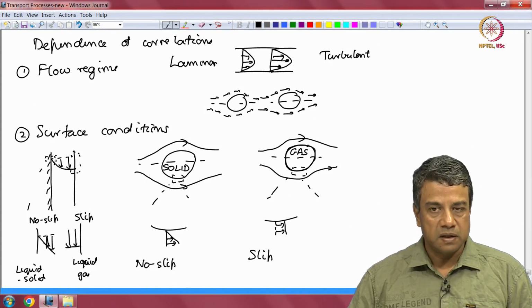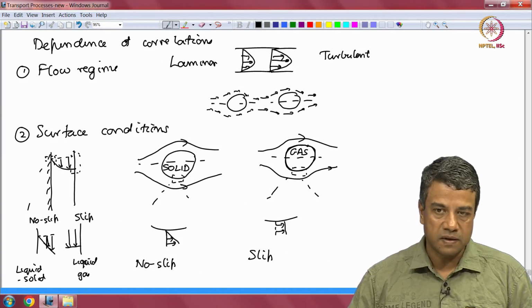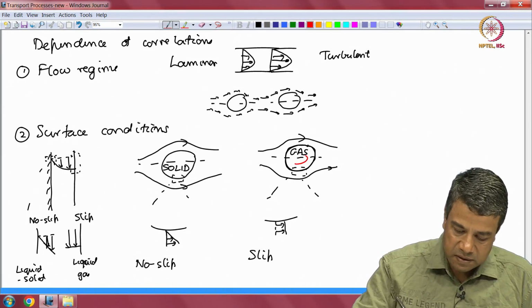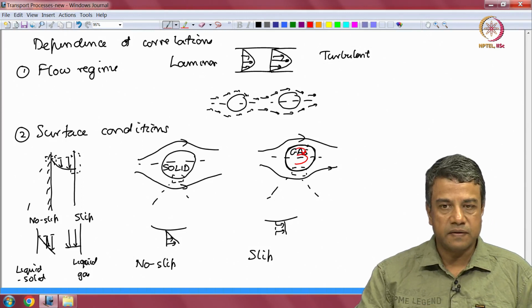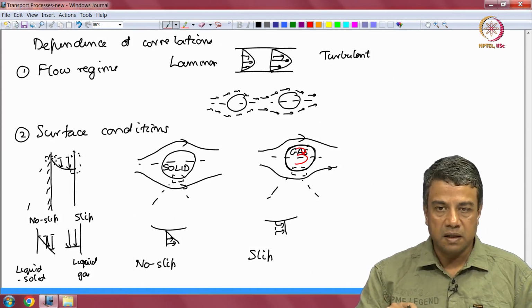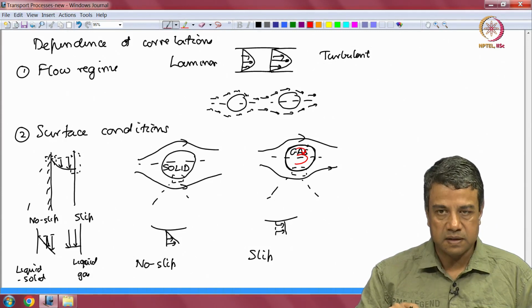If you had a solid, there cannot be relative deformation of the solid and therefore, the velocity has to be 0. Whereas, in a gas you can have a circulation within the gas. So, the velocity at the surface does not have to decrease to 0. It can be finite in the direction parallel to the interface.